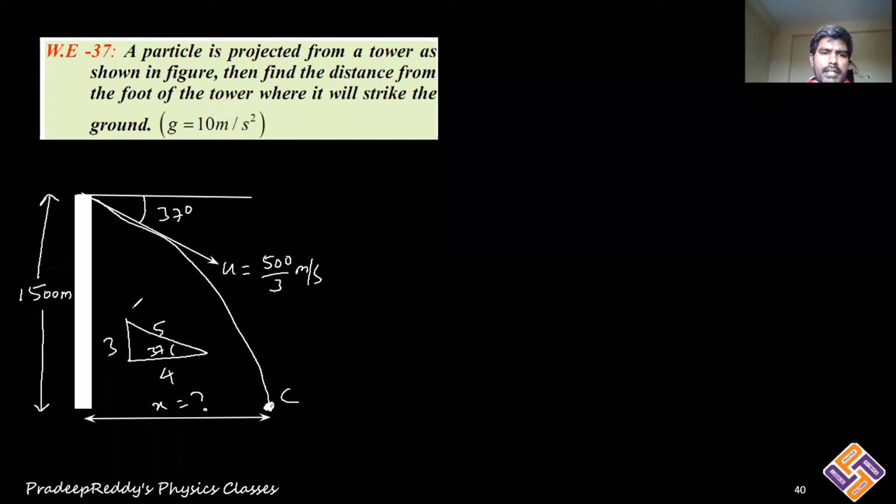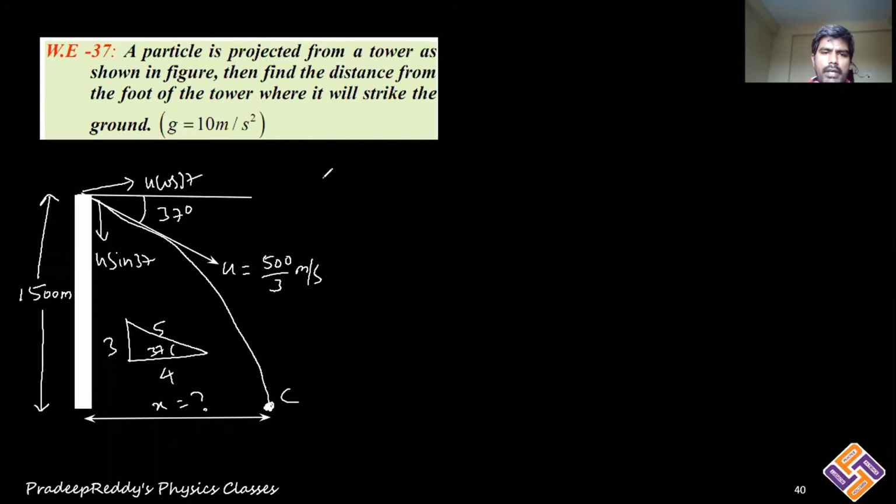You are projecting a body with velocity 500 by 3 meter per second with an angle of projection 37 degrees under the horizontal. You are now supposed to find out this distance. So we already know velocity along x-axis and velocity along y direction. Initially this is u cos 37 and this is u sin 37.